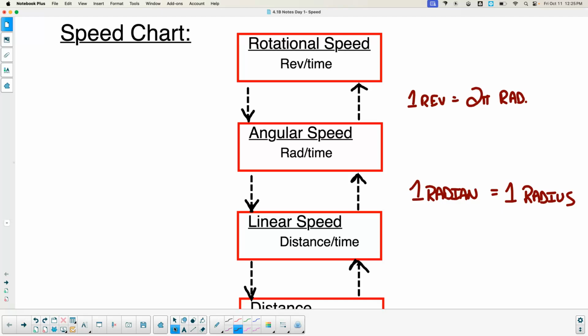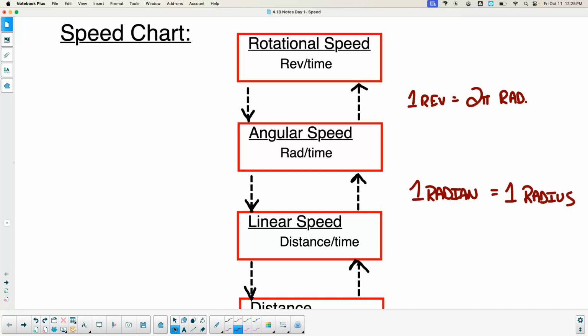Okay? 1 radian is 1 radius. So if we're going from angular to distance, we would take that radius divided by the radian. If we're going from linear to angular, we would have radian divided by radius.